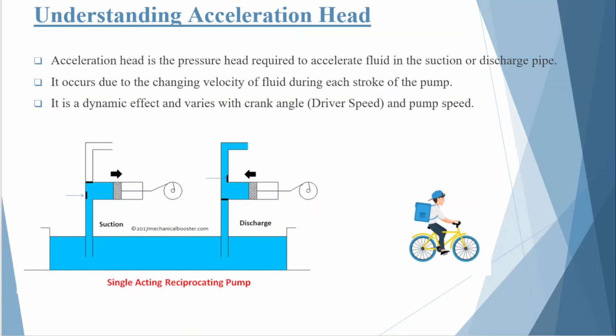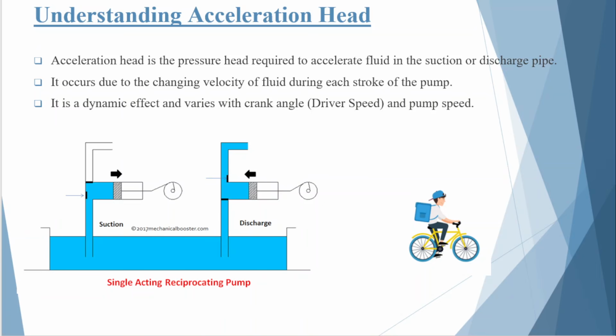Unlike friction loss, which mainly depends on average flow velocity, acceleration head depends on instantaneous piston acceleration. That is why engineers perform acceleration head calculations separately while designing reciprocating pump piping systems.